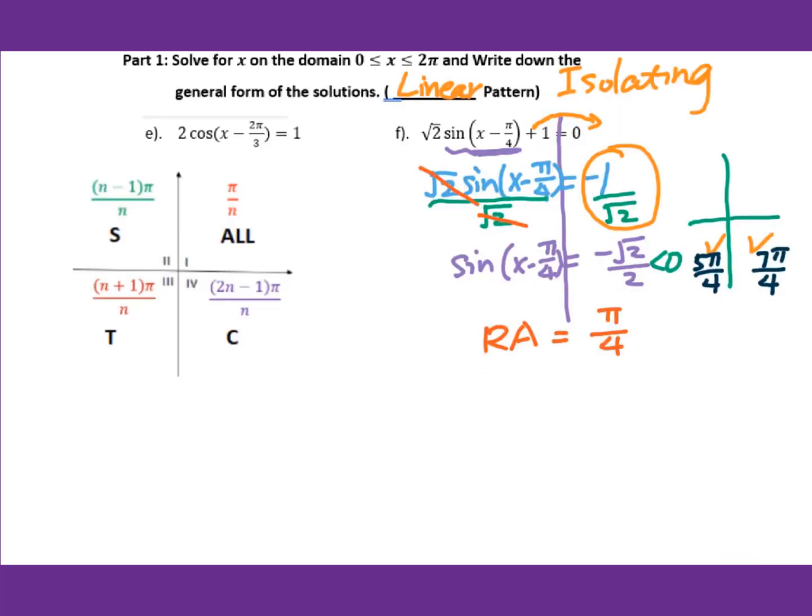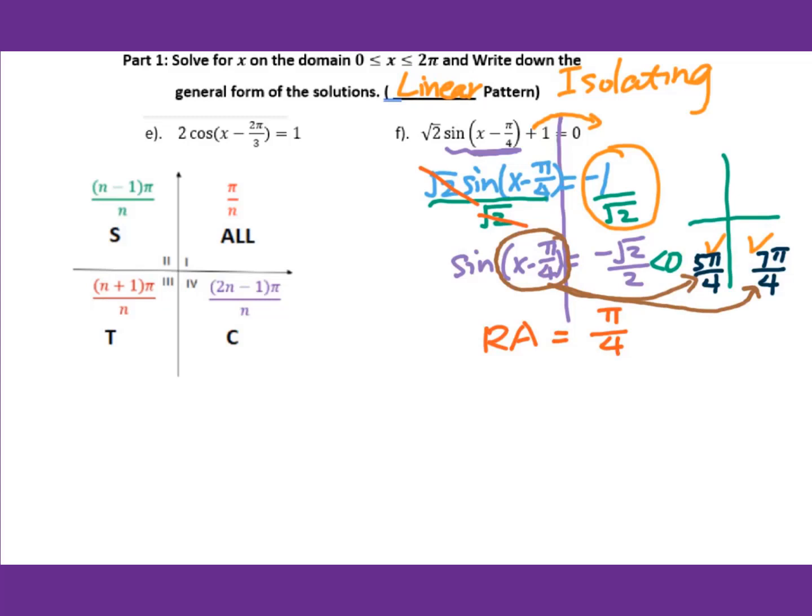So here is an important part. The angle for sine is x minus pi over 4. This angle will be equal to 5 pi over 4 and also 7 pi over 4.